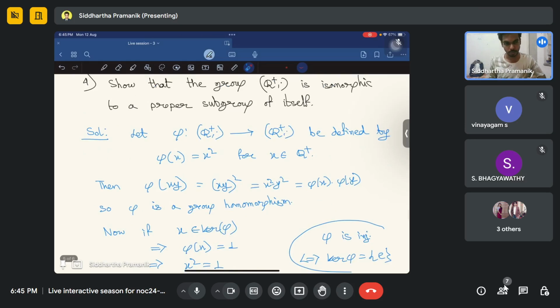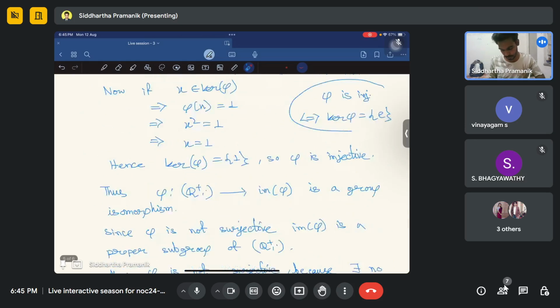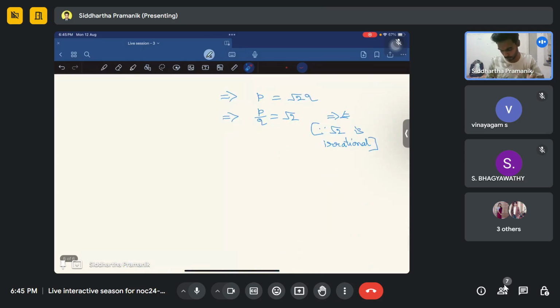Okay, let's do one more problem about group isomorphisms. Then I will move on to another topic.